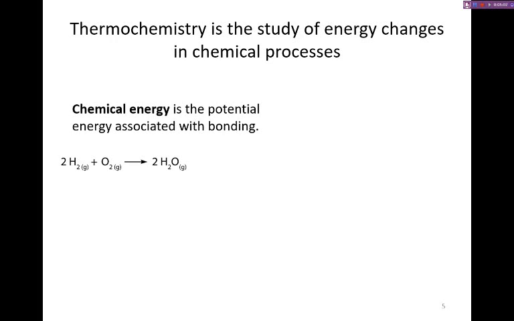So in this case, where we have hydrogen and oxygen reacting to form water, that's a very exothermic reaction. What we see happening is that the bonds between the hydrogen atoms are breaking, and the bonds between the oxygen atoms are breaking. And instead, we're forming bonds between oxygens and hydrogens.